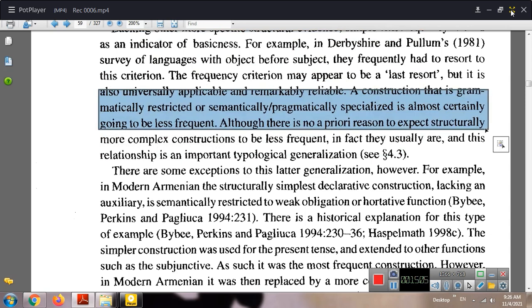And you know that when a structure is less frequent, that is not the basic form. Although there is no a priori reason to expect structurally more complex constructions to be less frequent, in fact, they usually are, and this relationship is an important typological generalization.